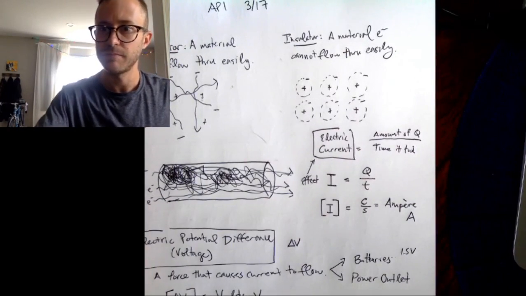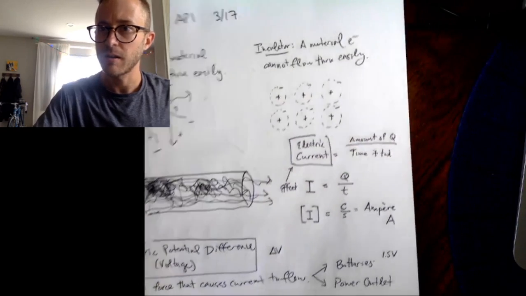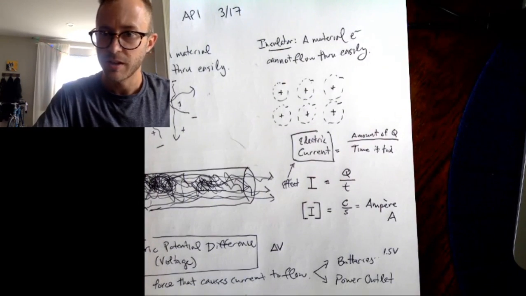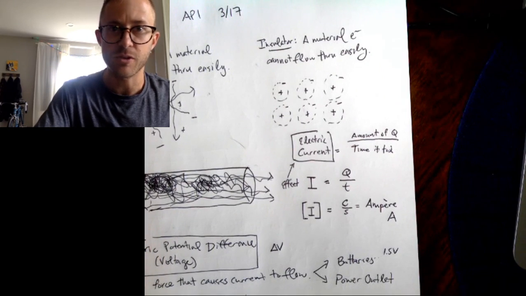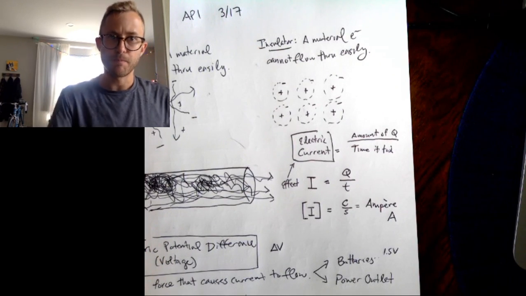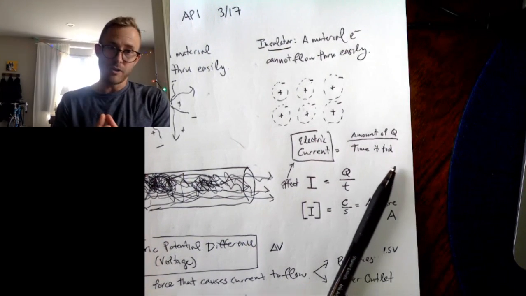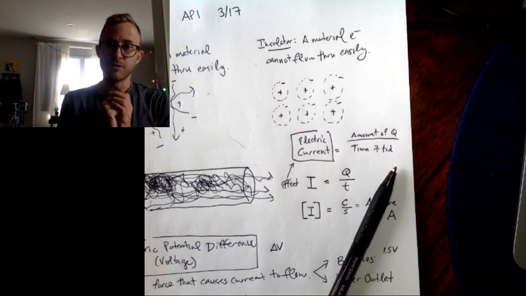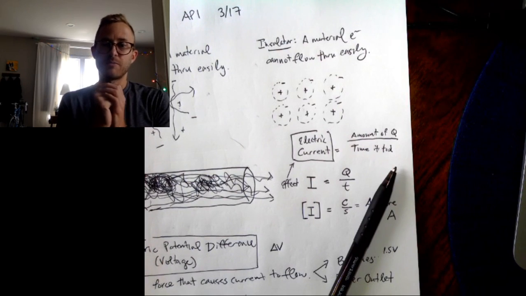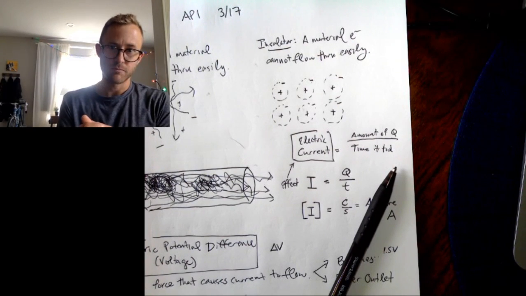I have another good question. If a battery has a higher voltage, does it last longer or is it just stronger? So AA batteries provide 1.5 volts. AAA batteries provide 1.5 volts.